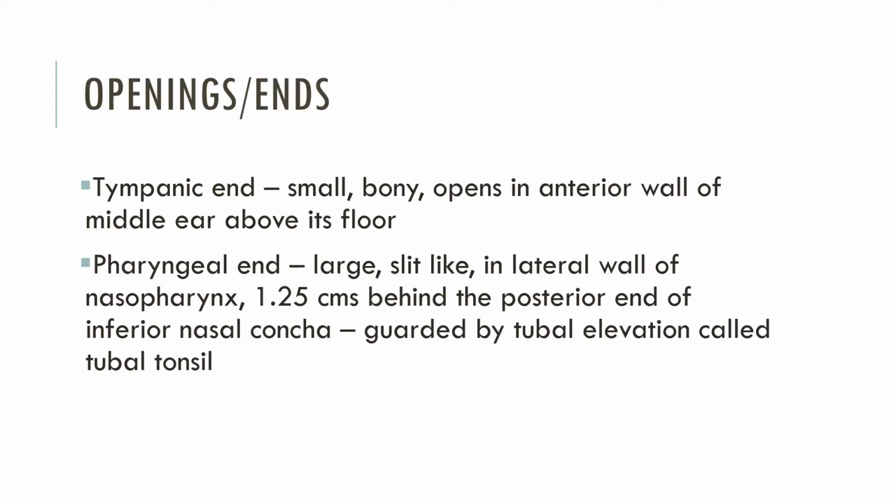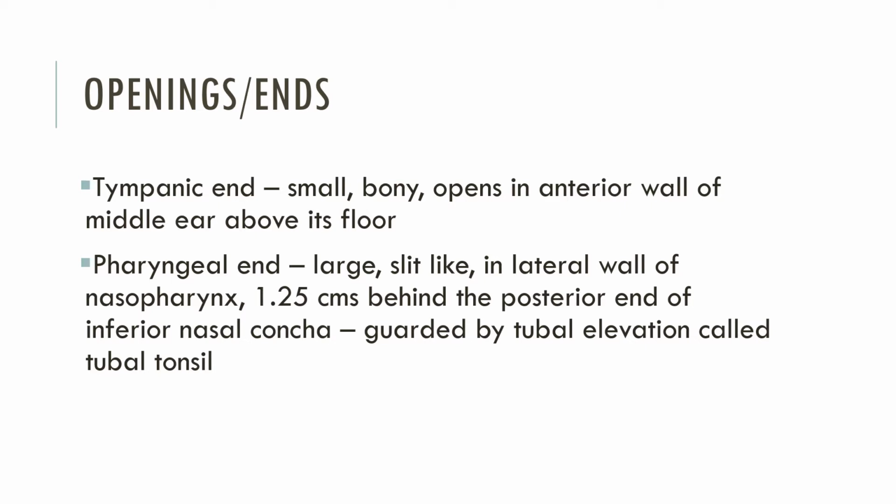So the tympanic end is a small bony opening in the anterior wall of the middle ear, whereas the pharyngeal end is a large slit-like opening in the lateral wall of the nasopharynx, 1.25 centimeters behind the posterior end of the inferior nasal concha.